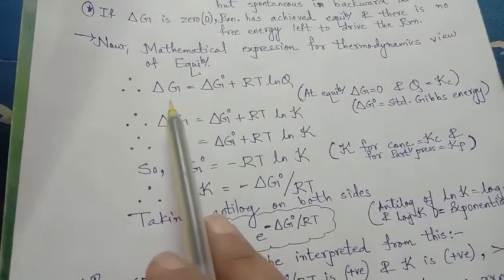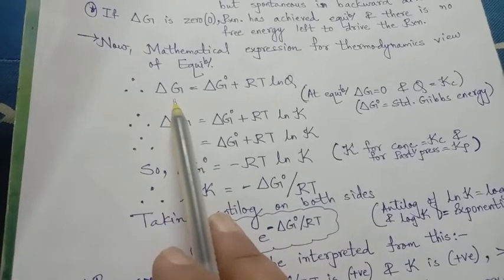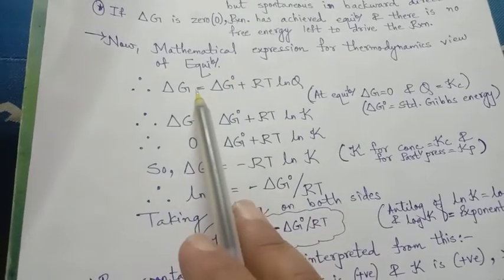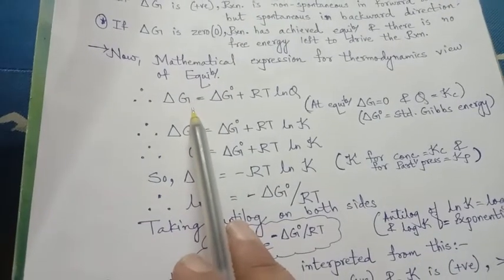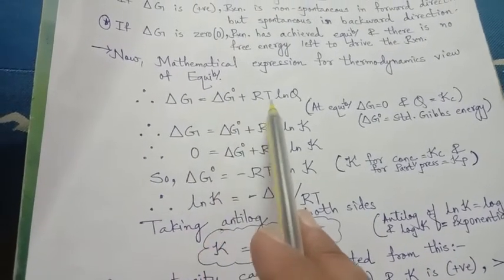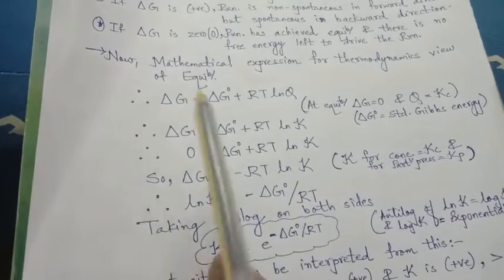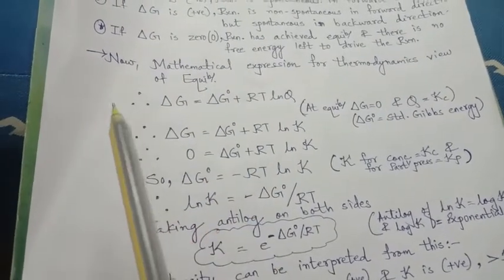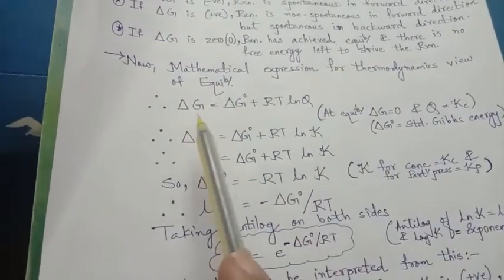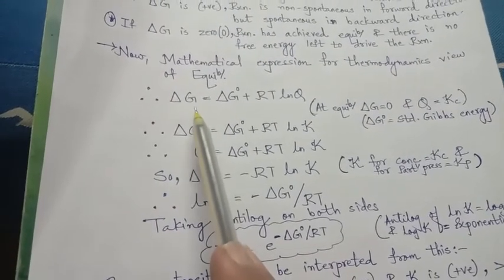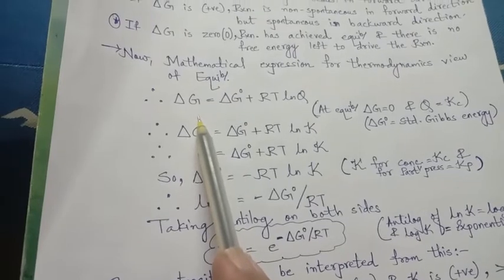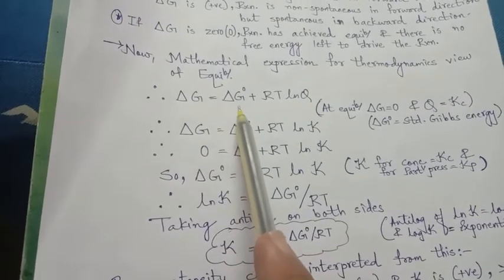So we know that in thermodynamics, delta G, as I told just a few minutes back, is equal to delta H minus T delta S. It is one of the formulas with the help of enthalpy and entropy. Here is one more formula which we have derived in thermodynamics, that delta G, the difference in free energy, is equal to the difference in standard free energy.